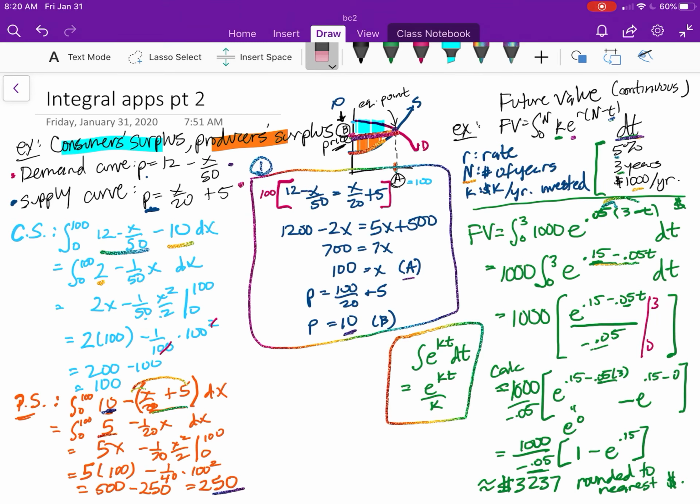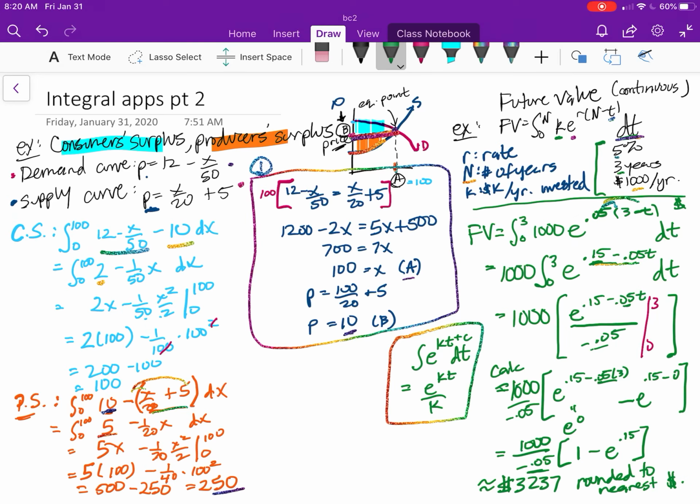You've learned the integral of e to the kt is e to the kt, but then you divide by this constant k. Well, if we had some other constant up here, and we'll learn a lot more about this later, what if it isn't just linear like it is here, but a constant wouldn't change things.